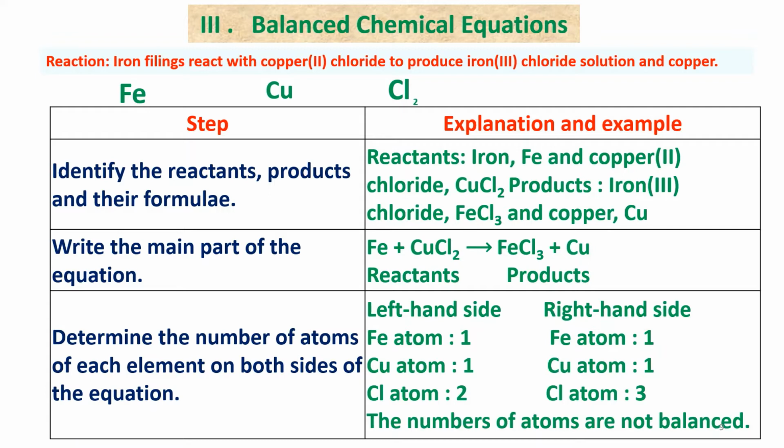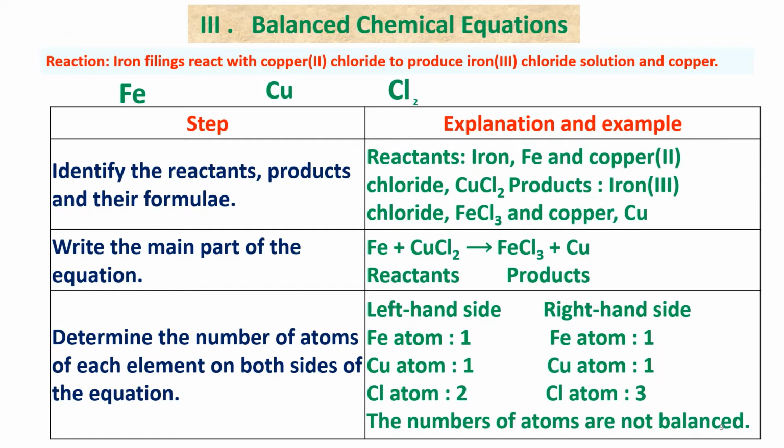Next, after knowing the formulas and the symbols, it becomes very easy for us to write it in the right form. Writing the main skeleton of the equation is the second step that we have to follow while balancing the chemical equation. Next, in order to know whether it is balanced or not, we have to count the number of atoms present on the left side and on the right side.